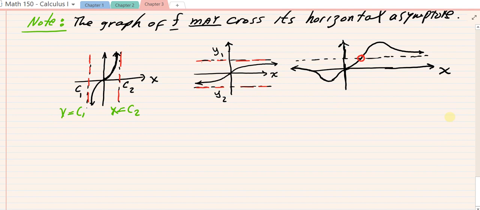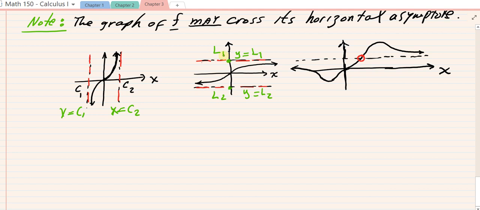Yes, the middle one. So this is y equals L1, and this is y equals L2. Okay, so those are the horizontal asymptotes. And now that I change it, let me put that point is L2 and this point is L1.